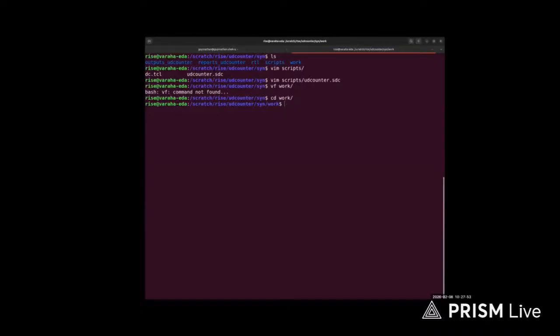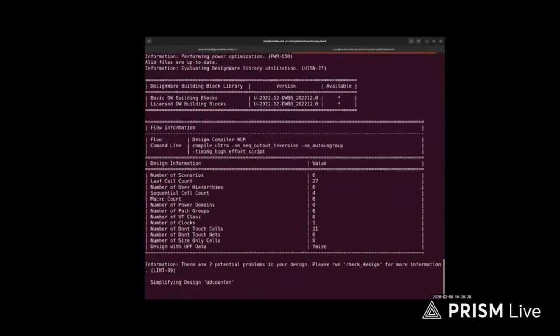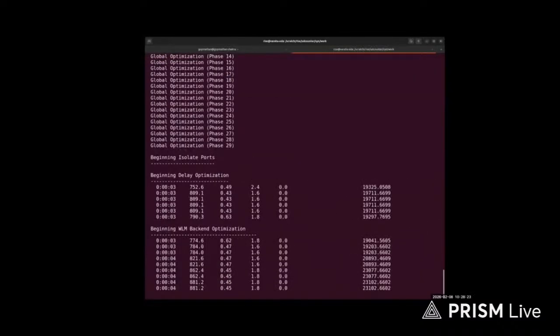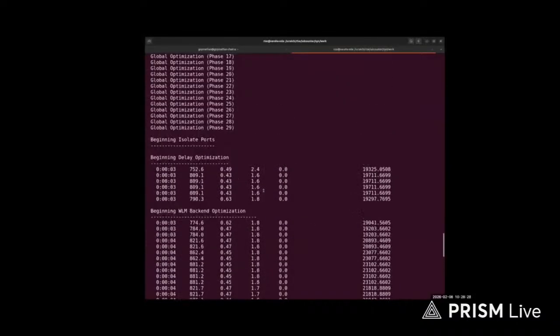Okay, before that, let me preserve the old reports. Synthesis is happening. See here, during synthesis there are certain optimizations that usually happen.